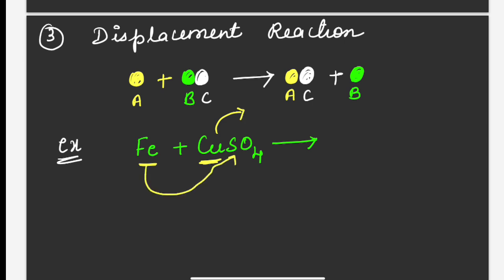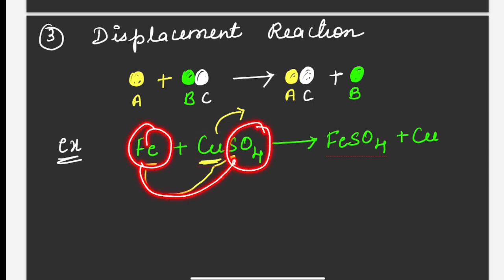As a result, in the product you will get FeSO4, and you can see copper is displaced. Iron is combining with sulfate, iron sulfate is formed and copper is displaced. Such type of reaction is called displacement reaction. Let us see the fourth type of reaction.